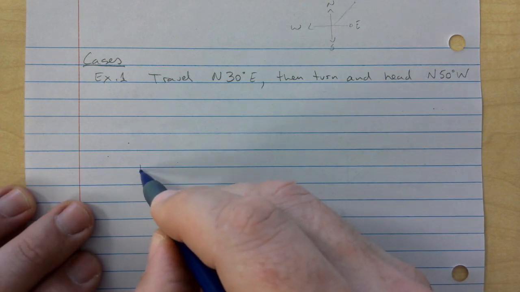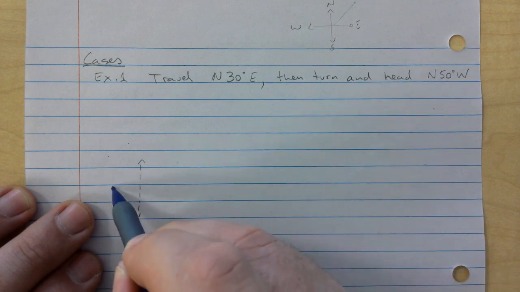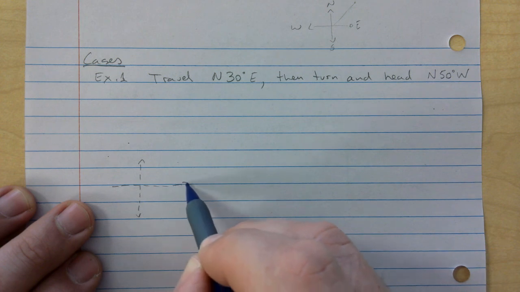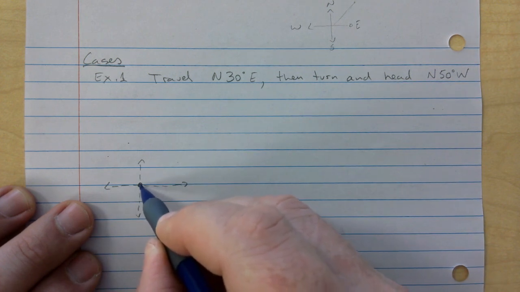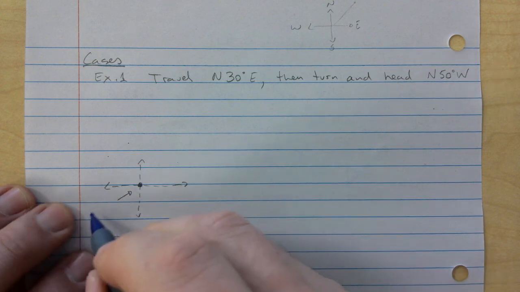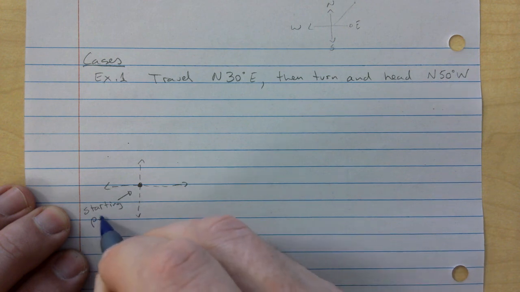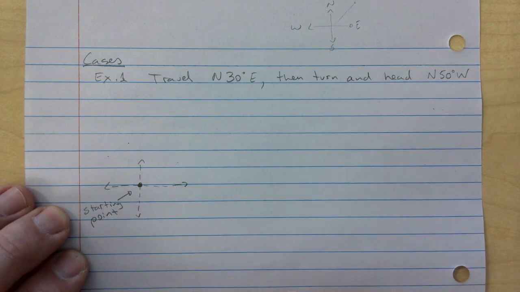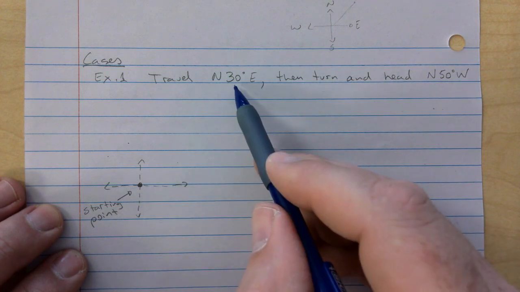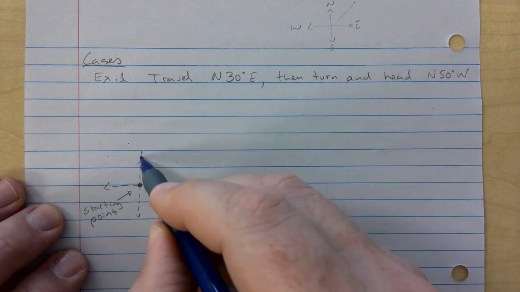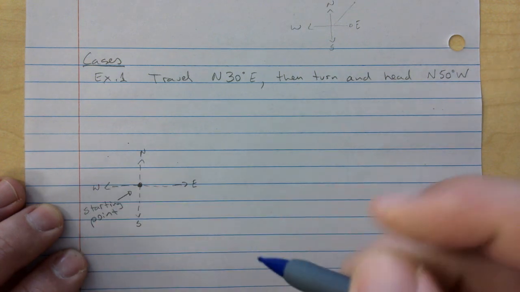So I'm going to start somewhere here to have enough room. So watch what I'm going to do here. Wherever you are, you have north and south, east and west. It doesn't matter where you're located. So let's say this is the start. Starting point. Let's say that's your starting point right there. And you're going to go north 30 east. So north, south, east, west.